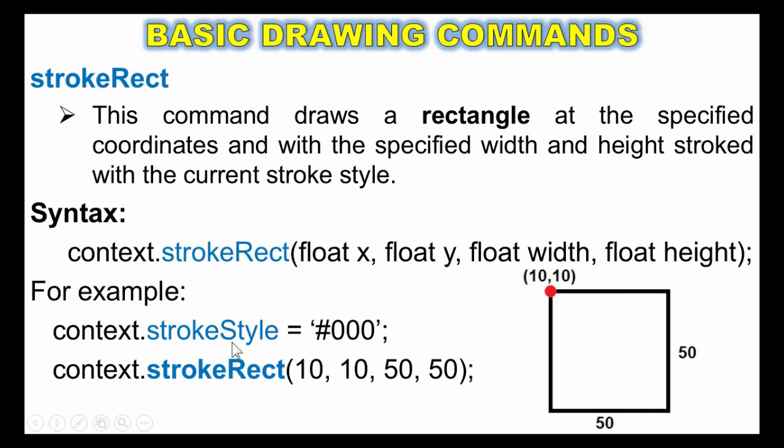For example, the command context.strokeStyle will specify the color of the rectangle, let's say black, and then followed by the command context.strokeRect. It will draw the rectangle at coordinates x-axis 10, y-axis 10, with a width of 50 and a height of 50 with a black stroke line.